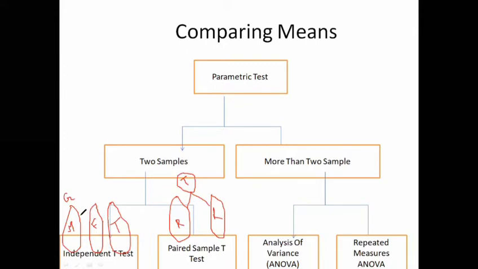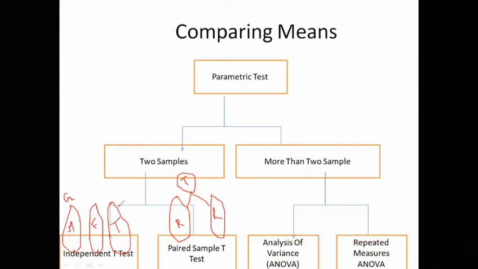Although we can compare by comparing males and females, then females with transgender, and transgender with males, it will be a more complex process with a lot of error. So what option do we have?